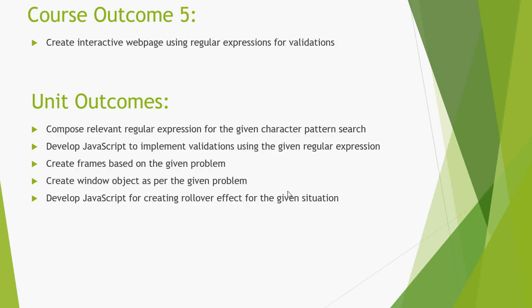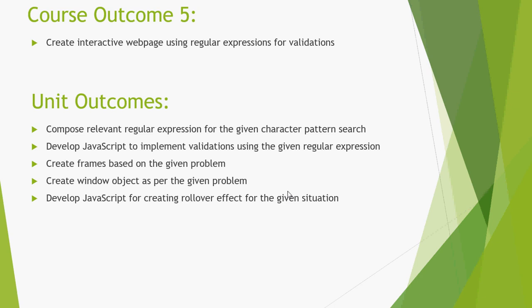Next comes the fifth course outcome, in which we are going to create interactive web pages using regular expressions for validations. Here we are going to perform some validations on our forms. What the validations are, we will see in detail when we study the fifth chapter.